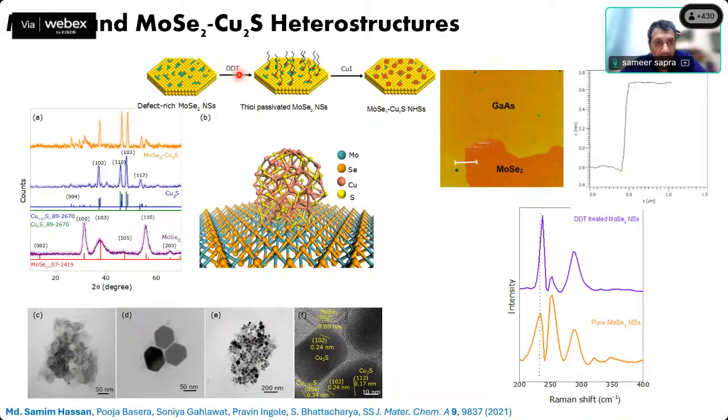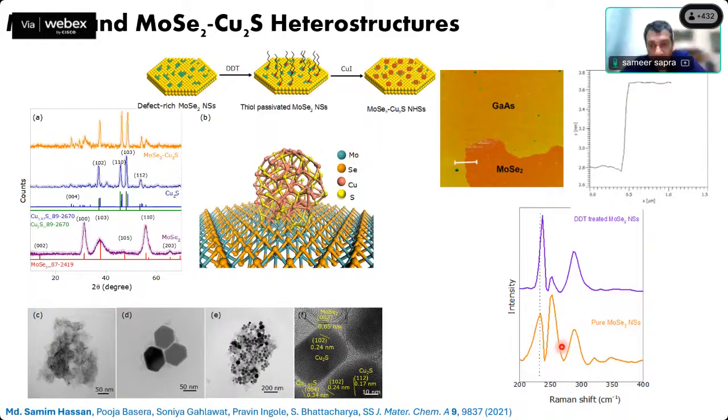Now, dodecanethiol is a 12-carbon chain with a thiol SH group. Now, all these sites are devoid of selenium. So molybdenum is really hungry for filling up these sites with selenium or something equivalent to selenium, which is sulfur. So these sulfur atoms go and attach over there.